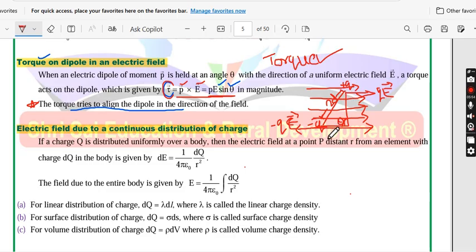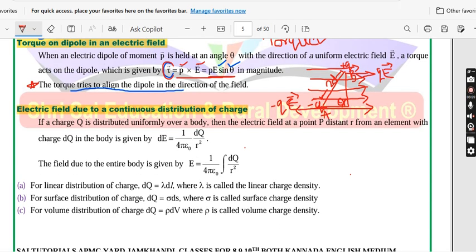Suppose this is point A and this is point B, and the plus Q charge is placed at point B and the minus Q charge at the other point, and the electric field is in this direction. Then the torque tries to align the dipole in the same direction as the electric field. So this is all about the torque acting on a dipole in an electric field. Have you got this? I hope this concept is clear to you.